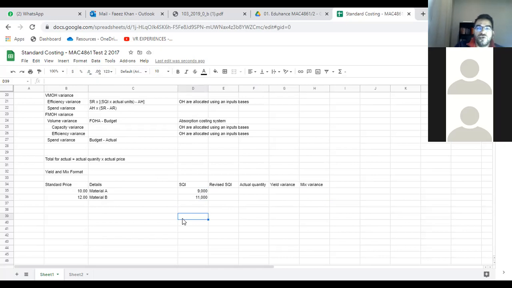SQI. So let's say 2 meters per unit times the number of units, and over here 1.5 meters per unit times the number of units. Okay, so that's how we got to 11,000 and 9,000, whatever it is. Okay, actual. Let's just say actual came to be 9,500 and 10,800. So they gave us this, that's what it comes to.